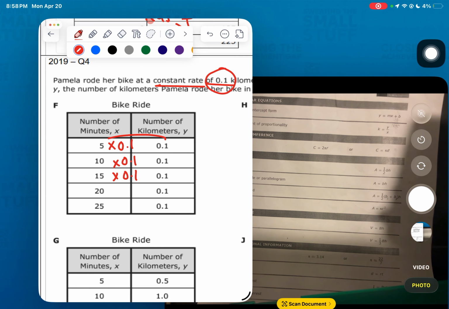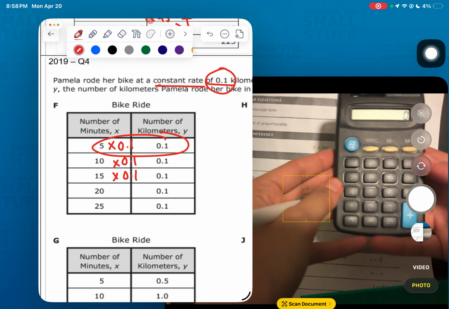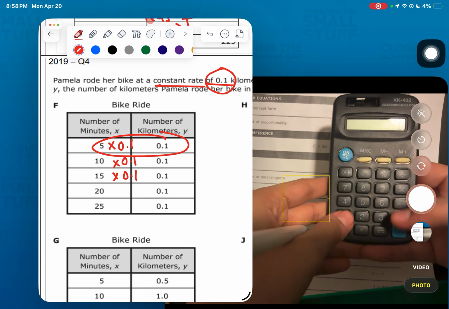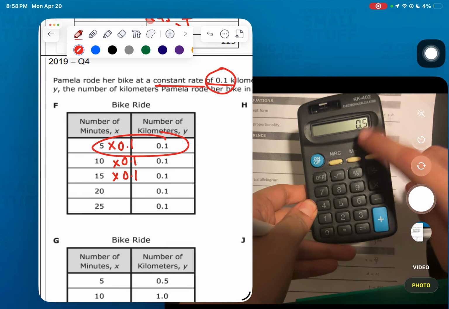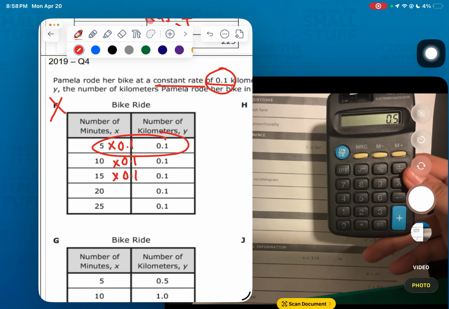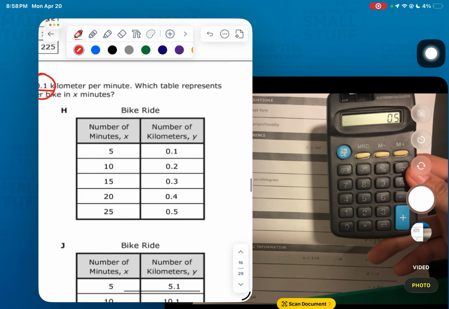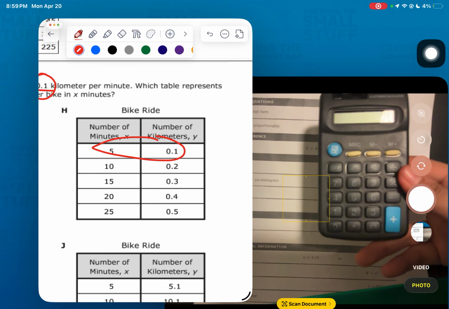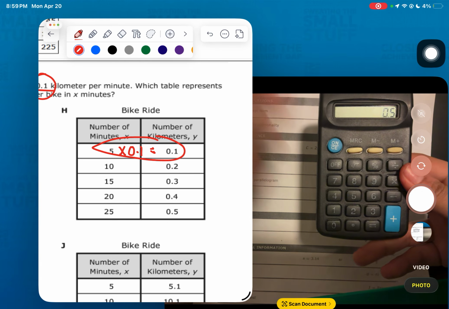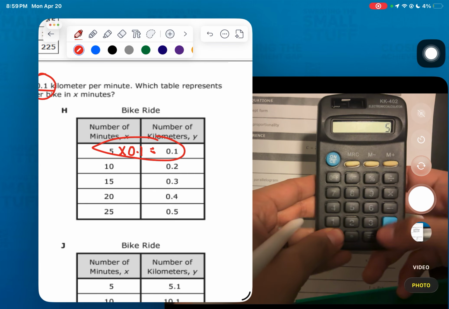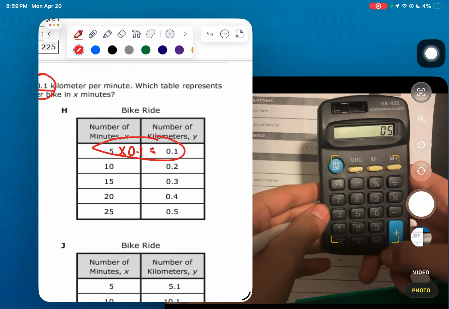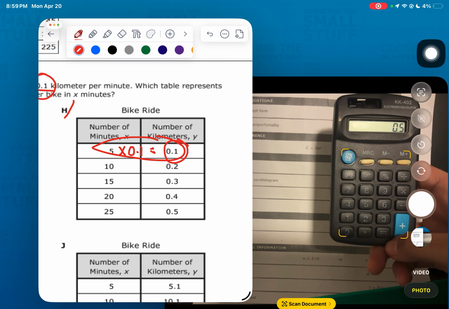Entonces, por ejemplo, I can start with the first one. Si la primera no sirve, entonces that's not it. 5 times 0.1 is 0.5. So F is not my answer. I go with H, pero tengo lo mismo. 5 times 0.1 should be 0.5, and I have 0.1 here, so not H.